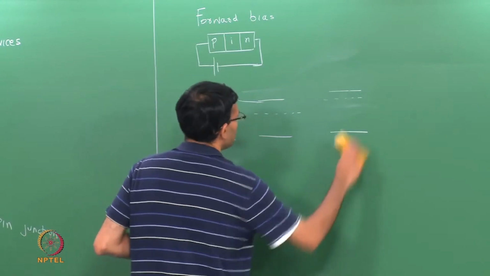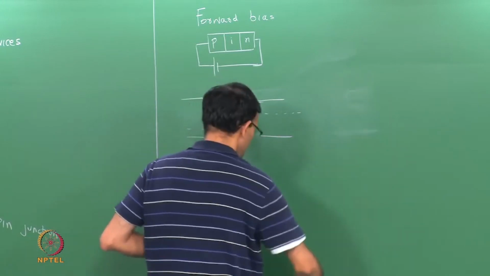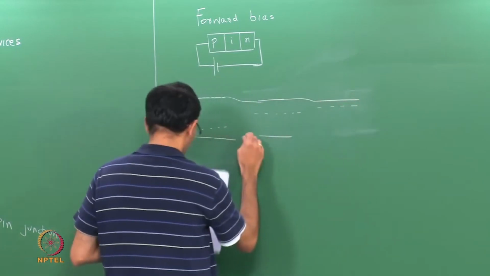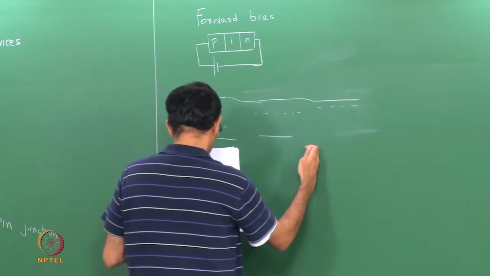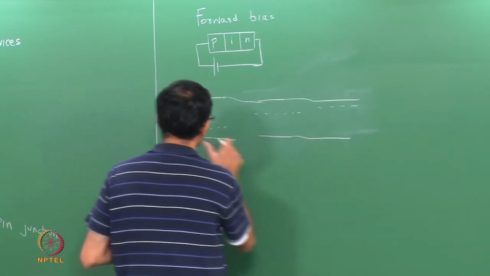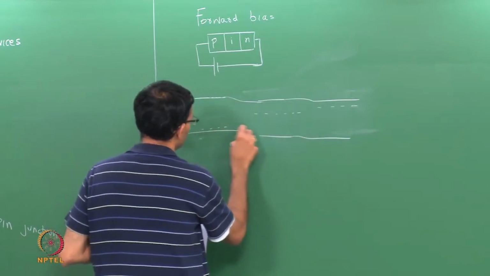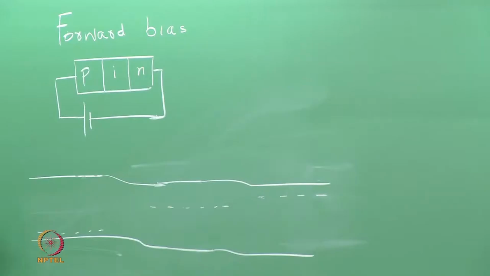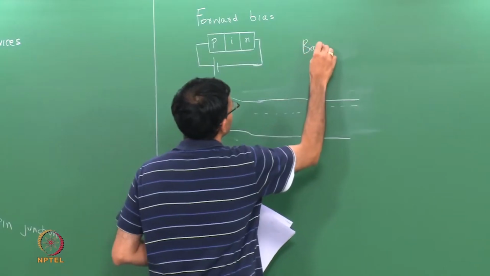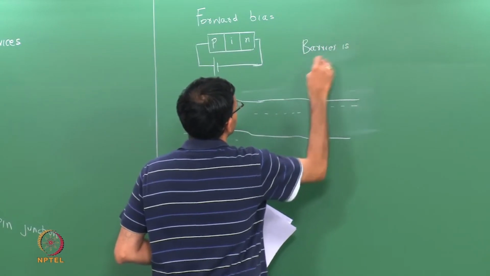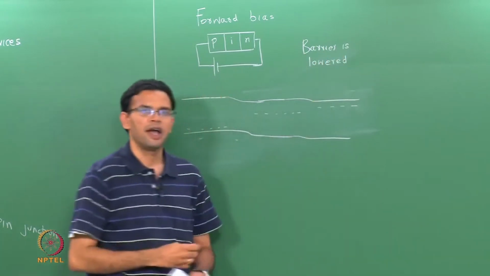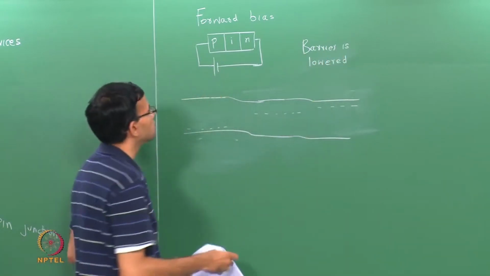If you draw this slightly more clearly, so the important point is that in the case of a forward bias, the barrier is lowered so that you can have a current going through the device.